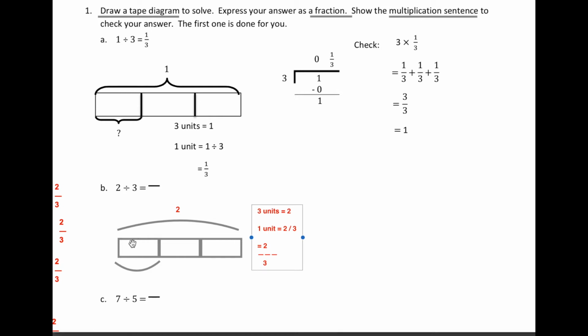Now we're going to work into 1 unit, okay? 1 unit is equal to 2 divided by 3. Or we can write it 2 over 3, or we can say it 2/3. So to explain this further to you guys, 1 box, 1 unit is 2/3.